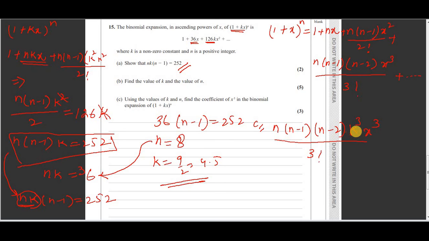Because I have already found the values of n and k, I can substitute. Coefficient means I need only the value for these.